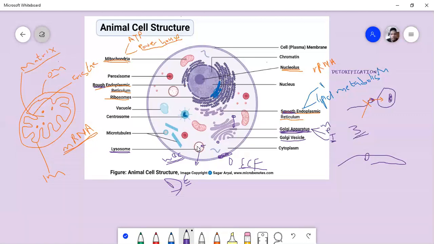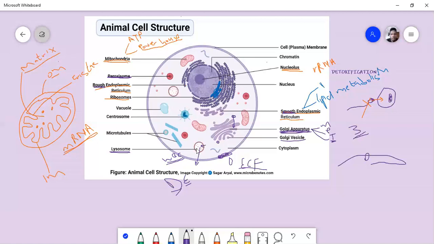What is important to you is that you have to know that it parts from the Golgi apparatus. And since mostly your lysosomes are confused with your peroxisomes, right? Your peroxisomes, in terms of size, they are smaller compared to your lysosomes.